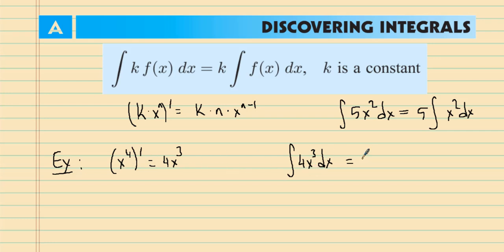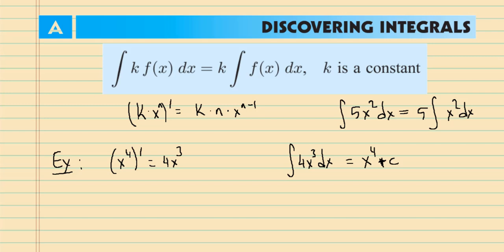As you can see, it's x to the power 4, and never forget to add plus c, because if you go in reverse, the derivative of a constant will be 0. It always comes with some constant.